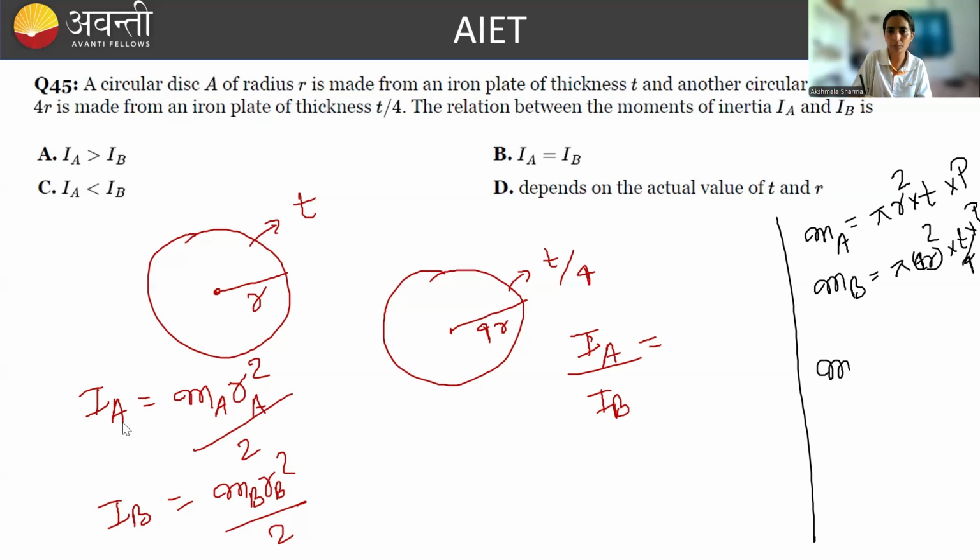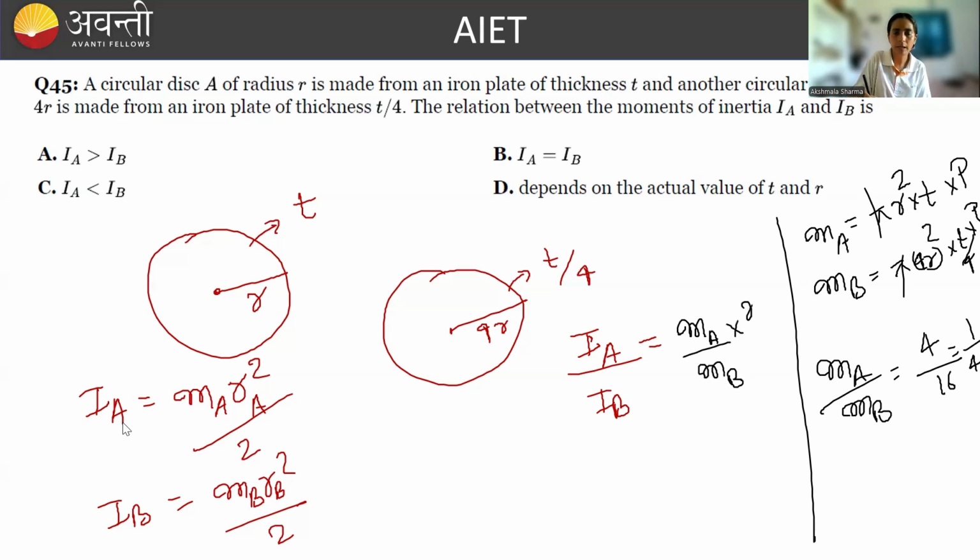If you take their ratio, it will be equal to how much? Pi r will get cancelled. So this is going to be 4 by 16. So this is 1 by 4. So the mass of B is 4 times the mass of A. So let's write here MA by MB into RA squared by RB squared.